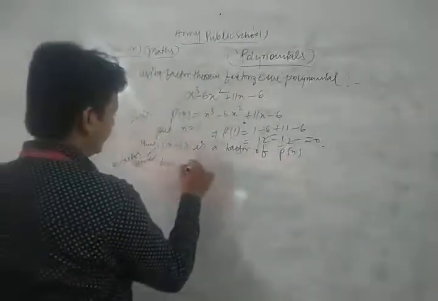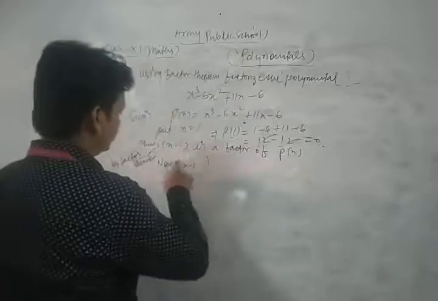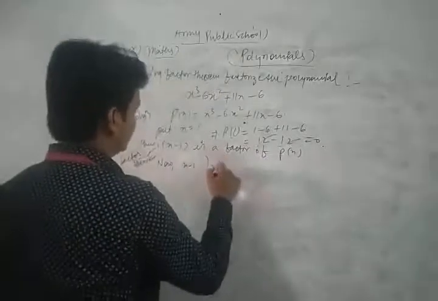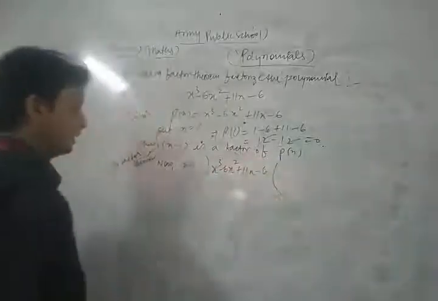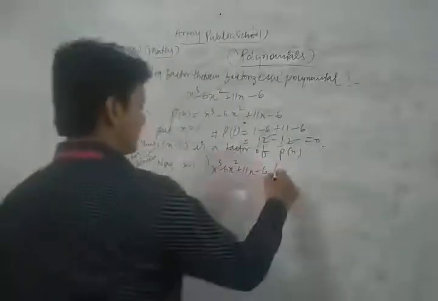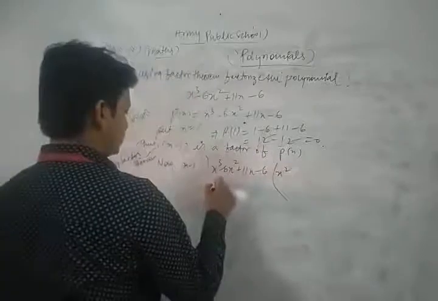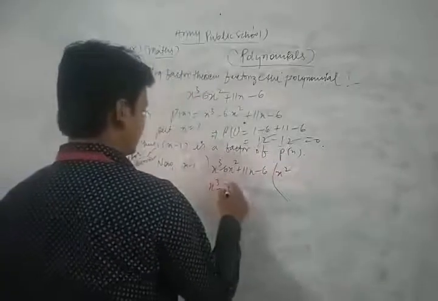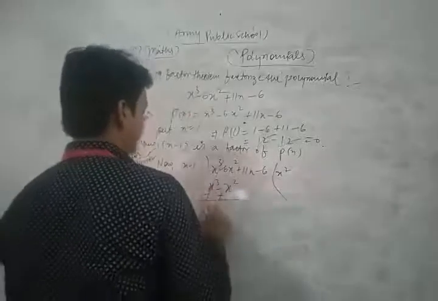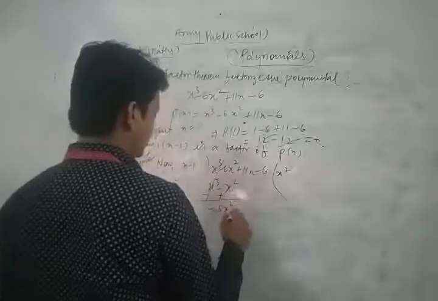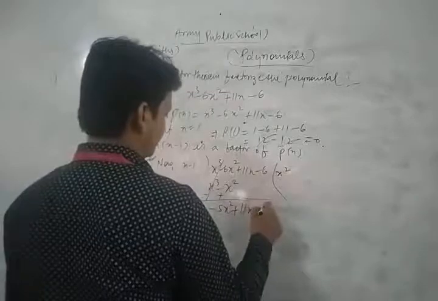Now we divide the given polynomial x cube minus 6x square plus 11x minus 6 by x minus 1. So x square times x minus 1 is x cube minus x square; subtracting, we get minus 5x square, plus 11x and minus 6.